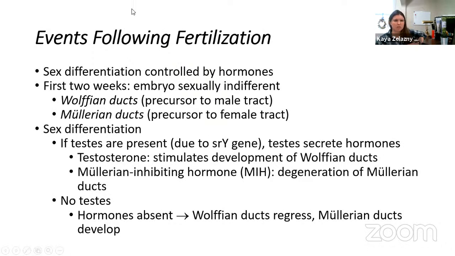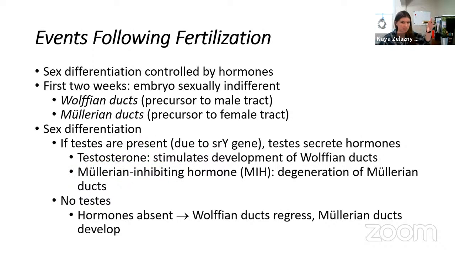So this is all controlled by hormones. The first one that we're thinking about is that testis determining factor. But we're going to be really interested in development in the presence and absence of testosterone and another hormone that the testes secrete, called Müllerian inhibiting hormone. So these are two products of the testes themselves.